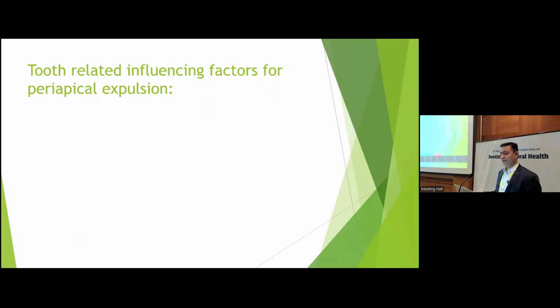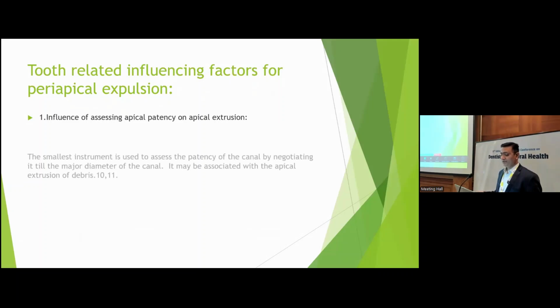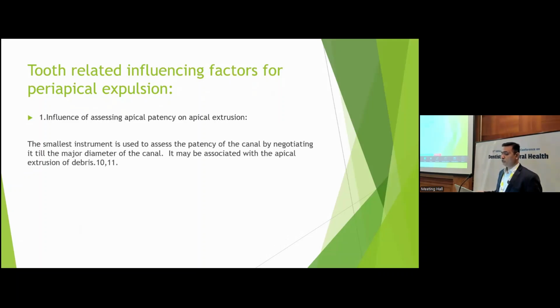Tooth-related influencing factors for periapical extrusion. Assessing the apical patency: the smallest instrument is used to assess the patency of the canal by negotiating up to the major diameter of the canal. This may be associated with periapical extrusion of debris.